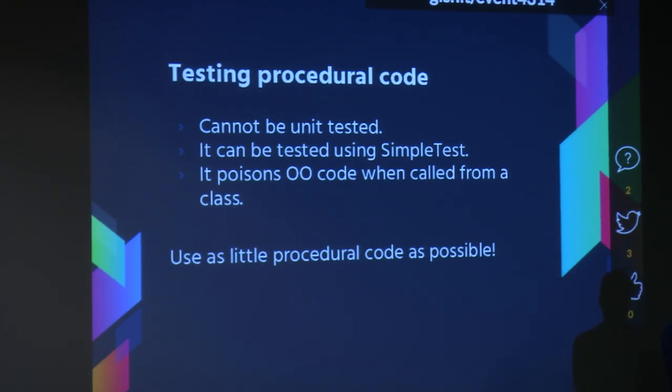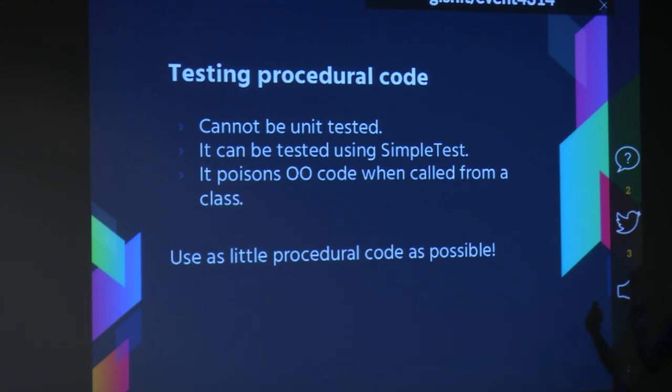Well, there are many reasons, but it's because you cannot mock procedural code. And you can test procedural code with simple test, but simple test has its use cases. You shouldn't force using simple test because of the way that you wrote the code, right? So you can write it in classes, then use procedural code.